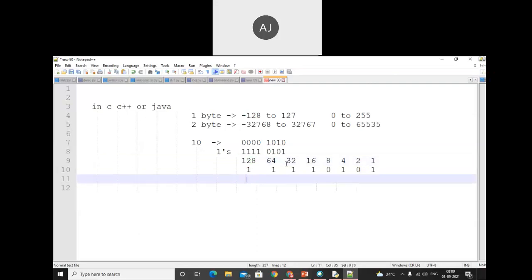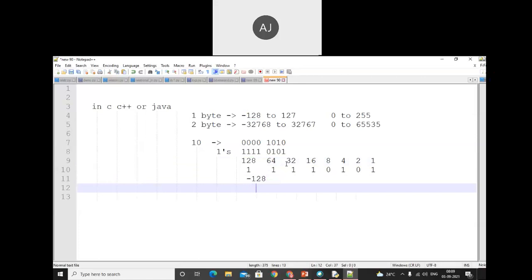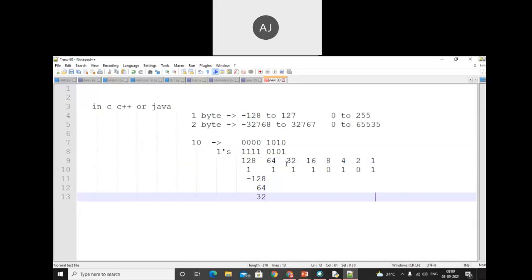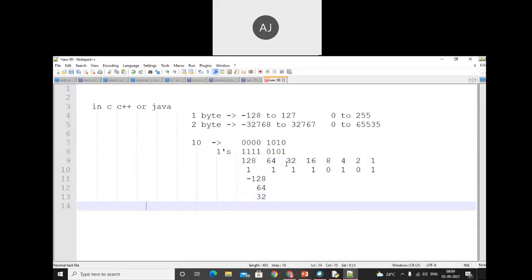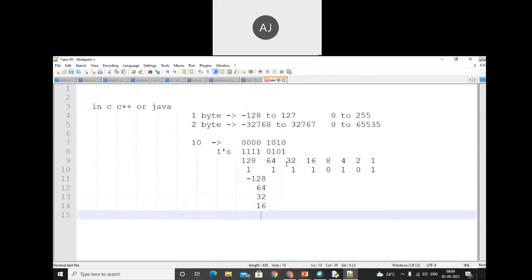So that means we need to perform minus 128 plus 64 plus 32 plus 16, and later on 1. So let's do the addition.